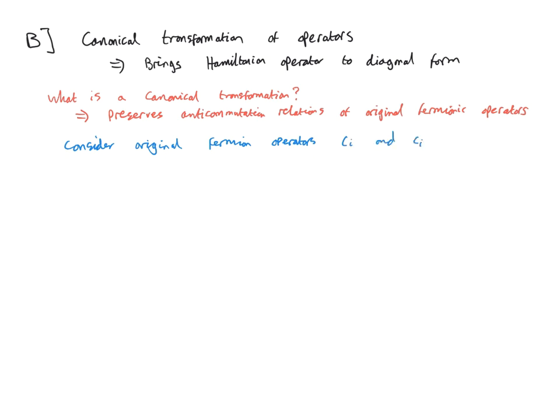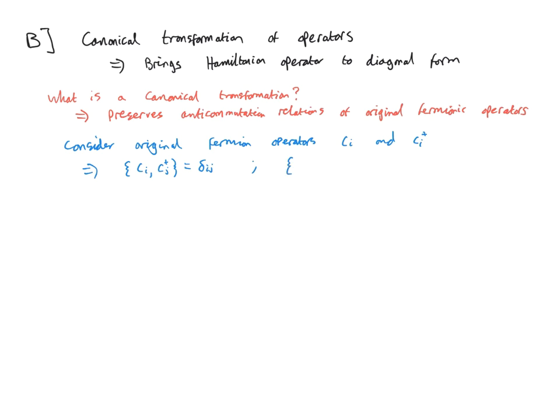So I have c_i and I have c_i dagger. We have commutation relations, which are that the anti-commutator of c_i with c_j dagger is equal to delta_ij.